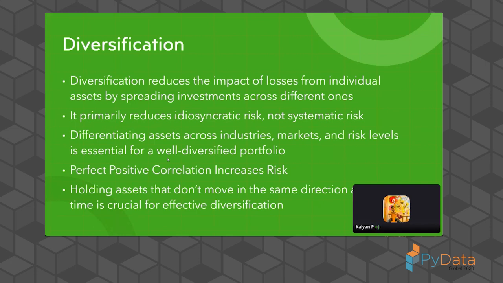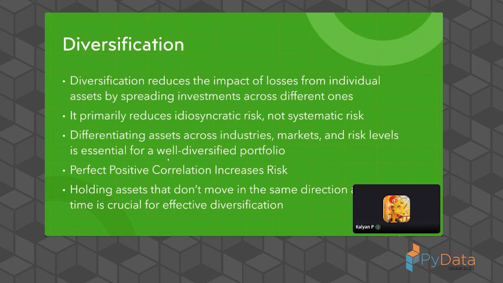And as I mentioned, if there is a perfect positive correlation in your graph, it means there is a high level of risk, because the assets are either all in an increasing trend or all in a decreasing trend. So there is no diversification involved here, and this is where you see a lot of risk.